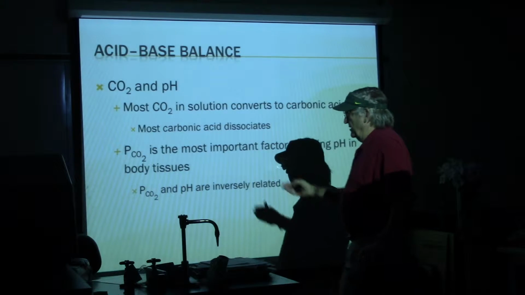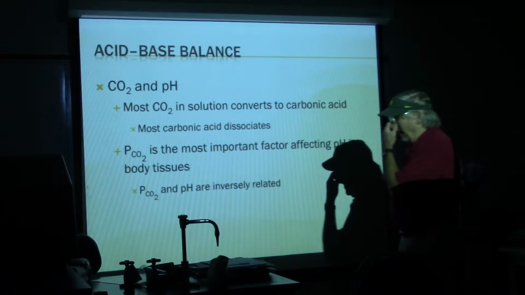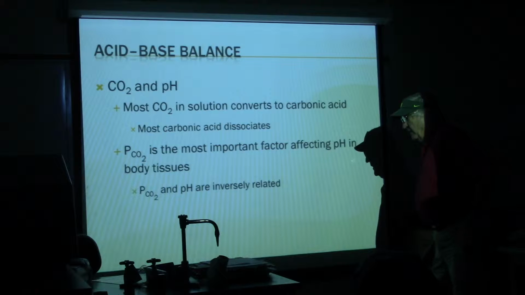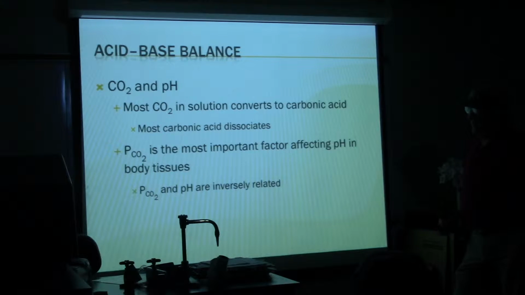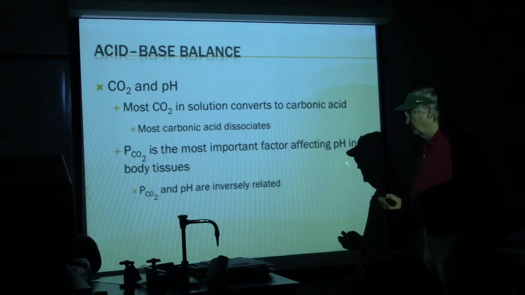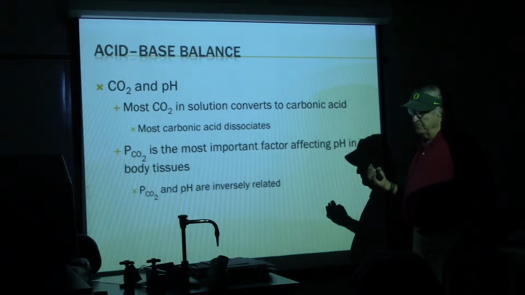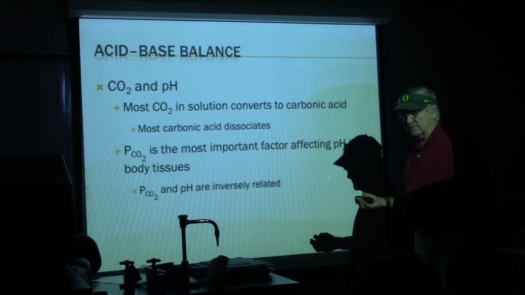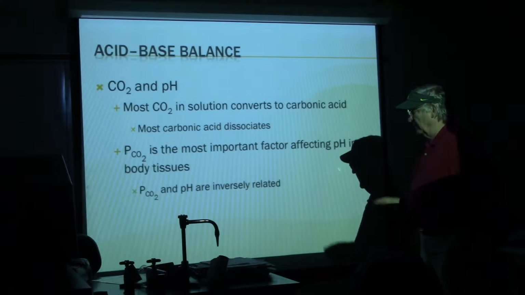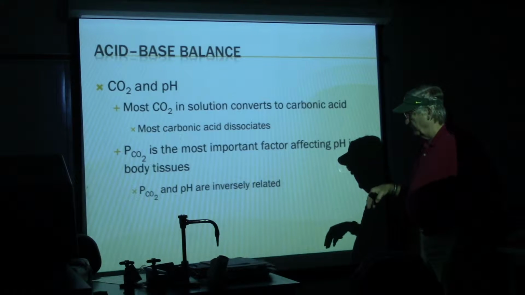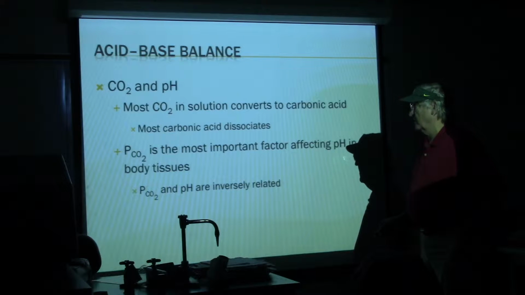So really the PCO2 is the most important factor affecting the pH in the body tissues. And remember that as the PCO2 goes up, the pH goes down, because CO2 is an acid, basically. So when PCO2 goes up, pH goes down, as illustrated there, and vice versa.